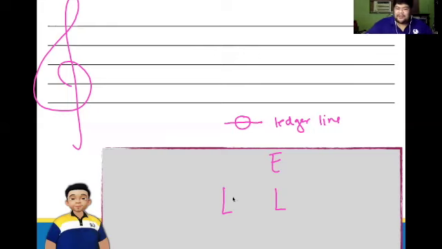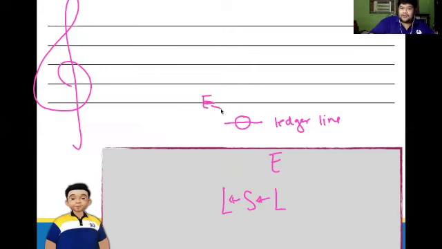Remember that in between the two lines, there's always a space. So we will have to travel from letter E minus one step, that would be letter D. So this is D. And finally, this note here, another step below, is your letter C.